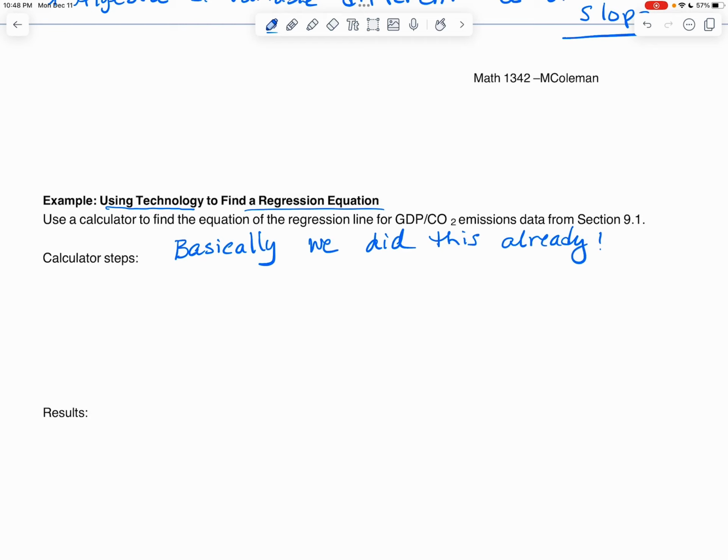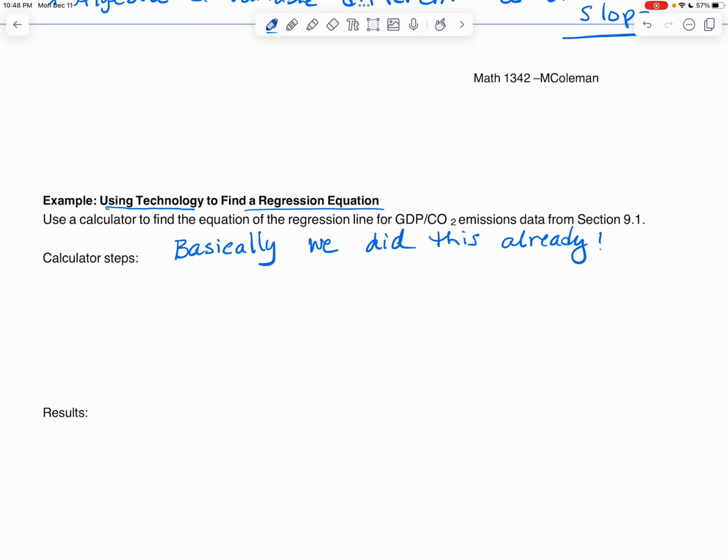This is your line of best fit. This first three. So we're going to take y equals ax plus b and put it together.